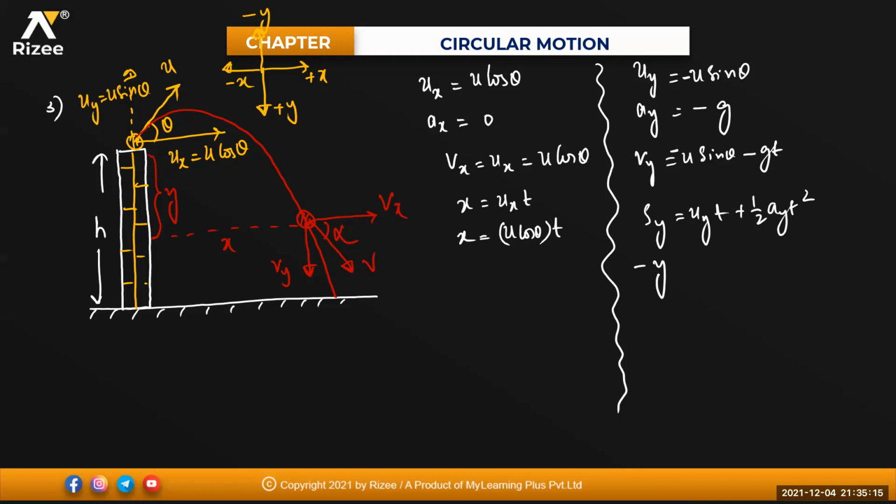No, this will be positive only because down direction we are taking. This will be equal to plus uy, which is minus of u sin theta into t, minus half into g into t square. g is also positive here. Here ay is how much for me? Negative. You're throwing the body in the upward direction.